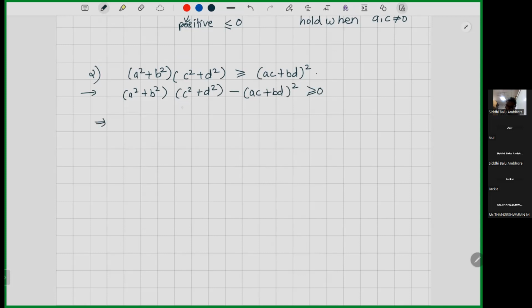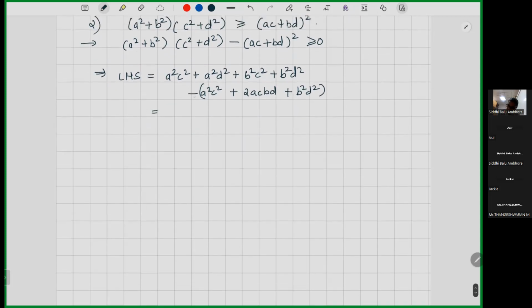So if I simplify this left hand side, LHS is equal to A square C square plus A square D square plus B square C square plus B square D square minus A square C square plus 2ACBD plus B square D square.